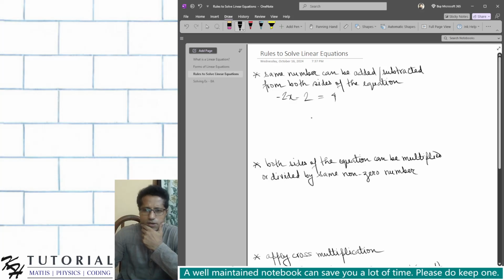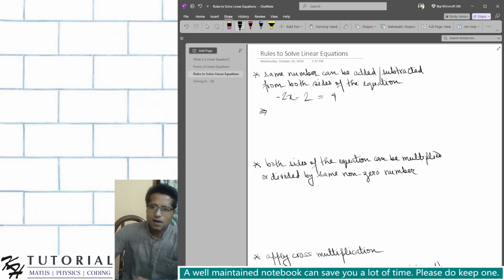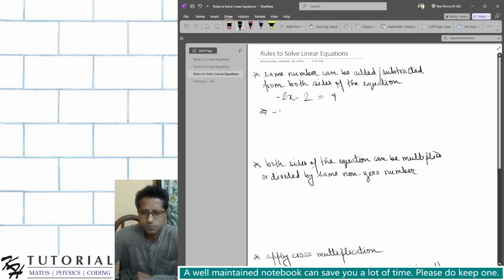Now to solve this linear equation, when it says that the same number can be added or subtracted from both sides, it means that if I add or subtract the same number from both sides, the equality, the validity of the equation, remains unchanged. So I can add 2 on both sides: minus 2x minus 2 plus 2.